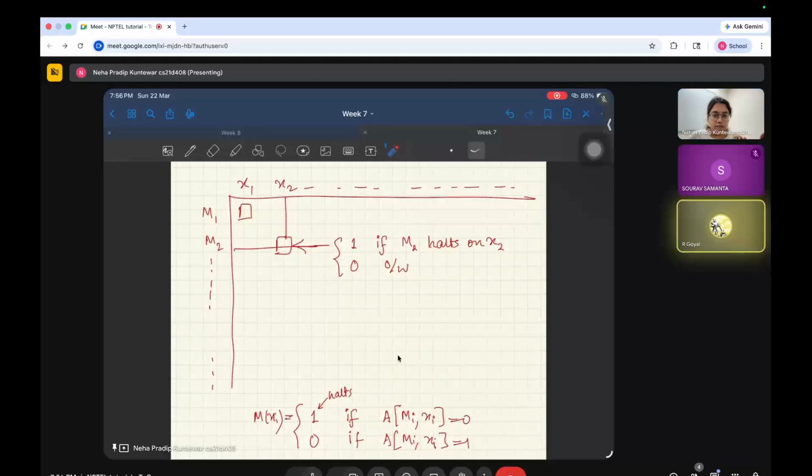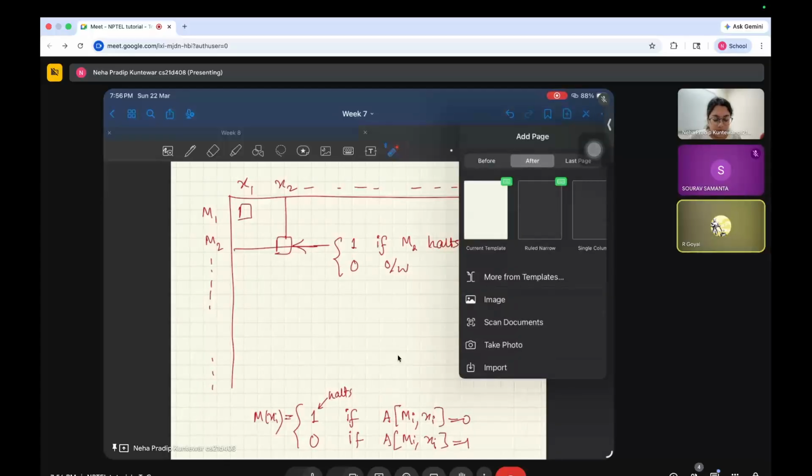The 0 here indicates that M1 does not halt for X1, and for M2 and X2, say M2 halts for X2, then its value is 1. And you are telling that there is some Turing machine which assigns these values. So how are we using the diagonalization here? That is not clear, because if I collect all the values towards the diagonal side, then what would happen?